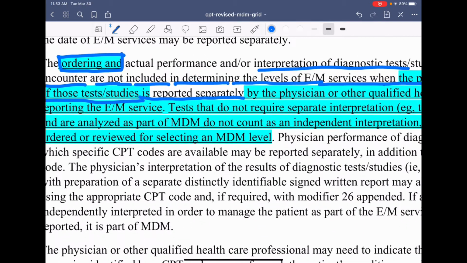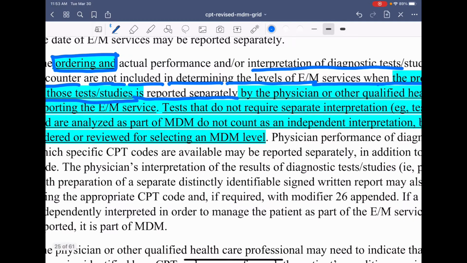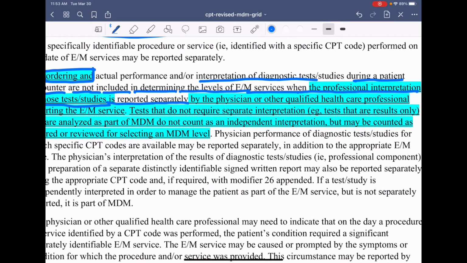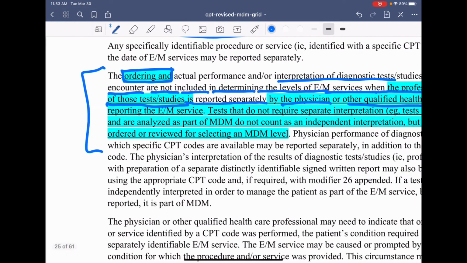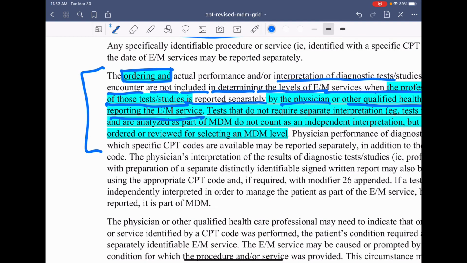That means there's a CPT code that goes out to report that service. That interpretation has a CPT code, such as, I think it's 93010 and that might have changed, but anyway, 93010 for physician interpretation of an EKG. And if it's reported by the physician or other qualified healthcare professional who is also reporting the EM service.